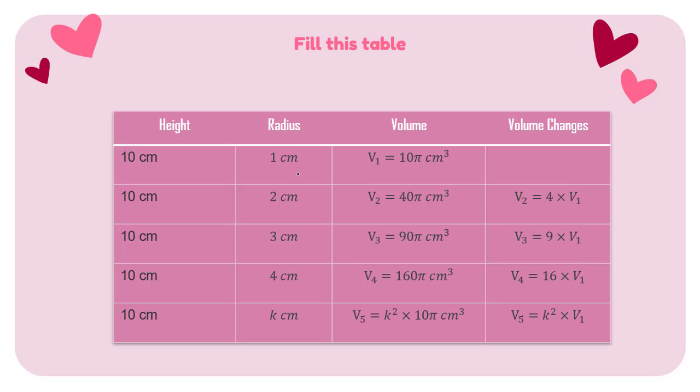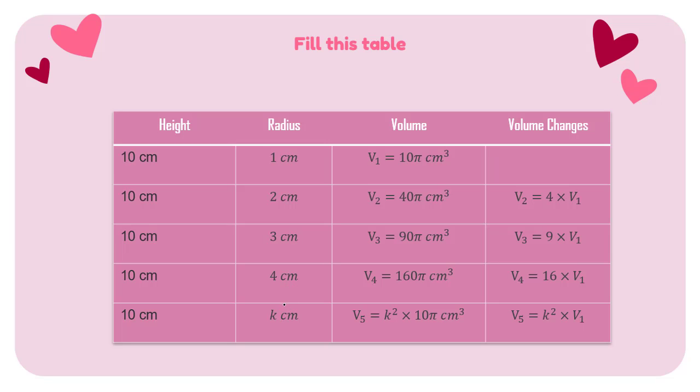Because we got it before. And if I change the radius to 2 centimeter, the volume will be 40 pi, which is 4 times bigger than the first volume. And then if we enlarge again, 3 times bigger, which is 3 centimeter, we'll get the volume equal to 90 pi centimeter cubed, which is 9 times the first volume.